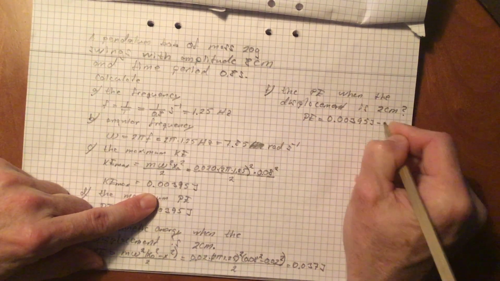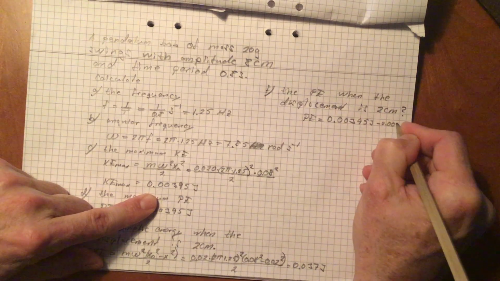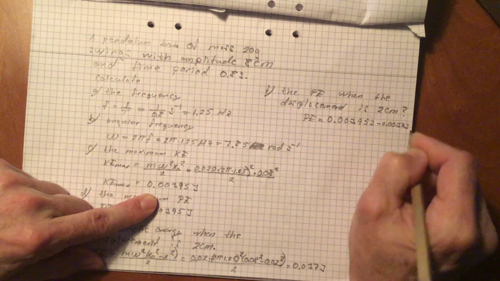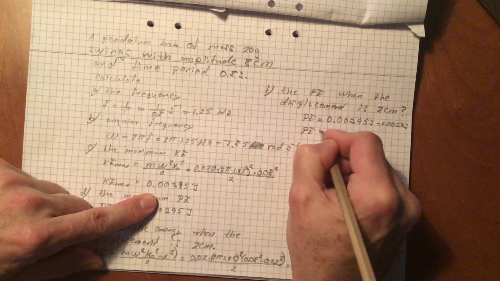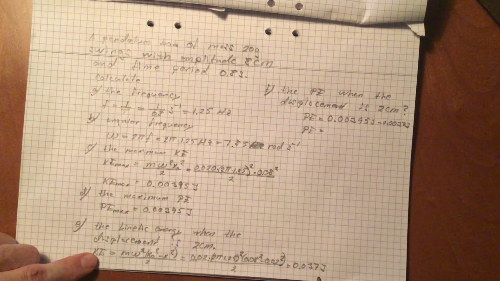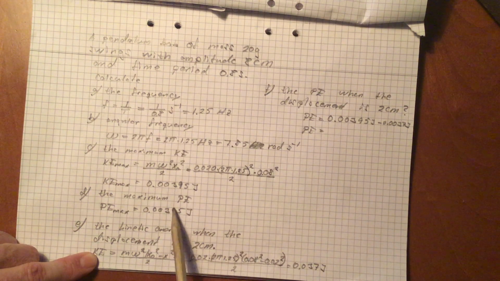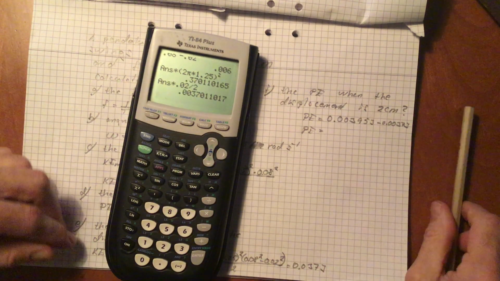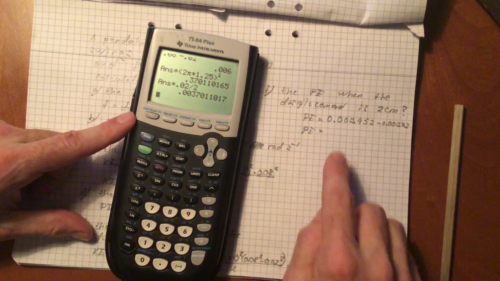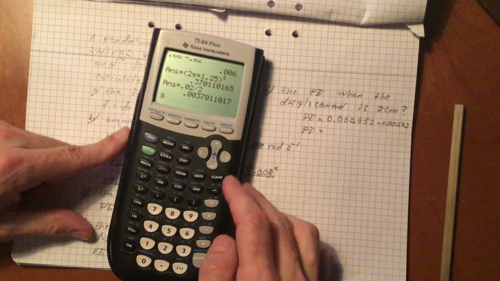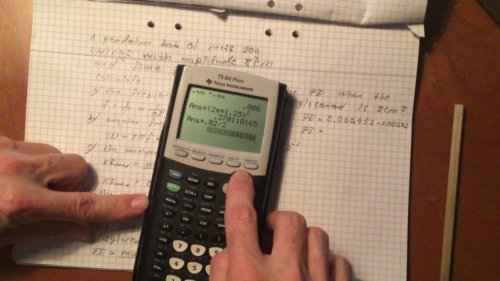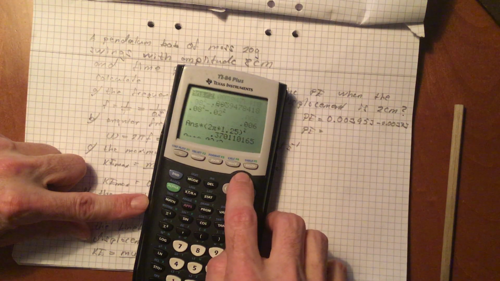So the potential energy is equal to 0.00395 joule minus 0.0037 joule. What is not the kinetic energy has to be the potential energy, up to the total maximum energy. So 0.00395, I can go up and pick it up with the arrow like this.